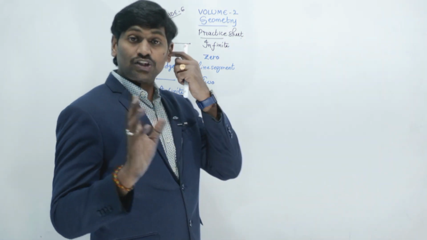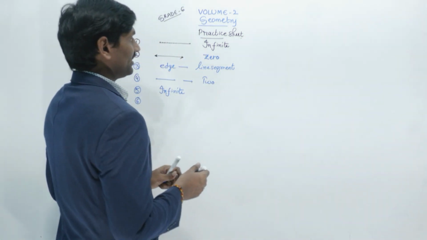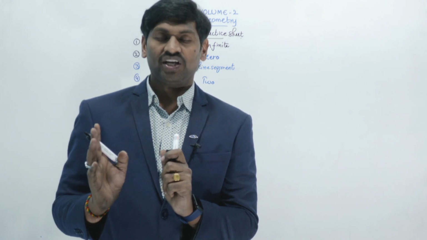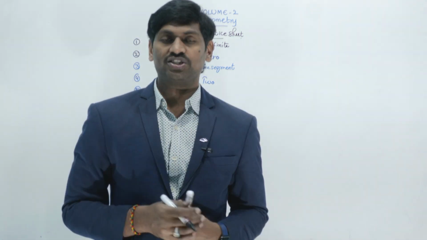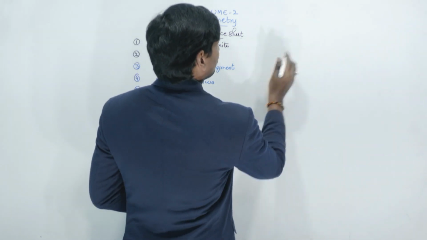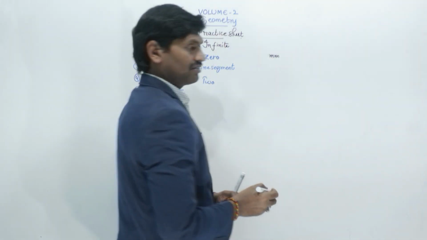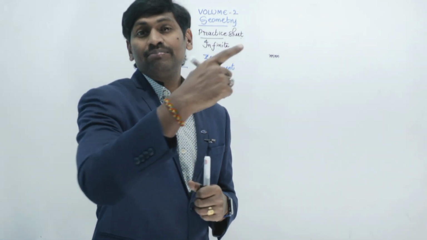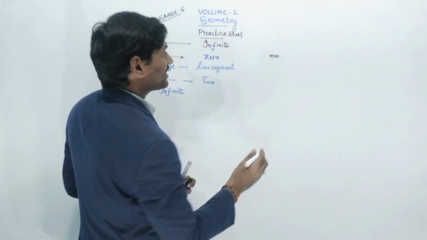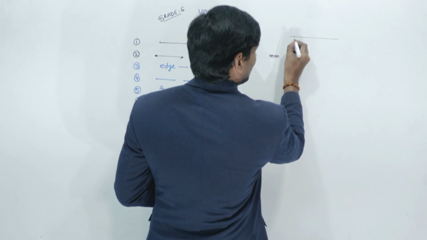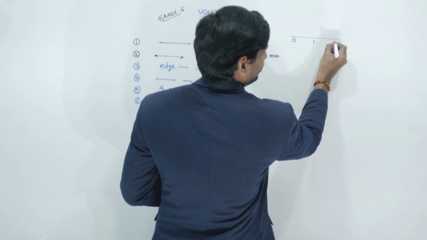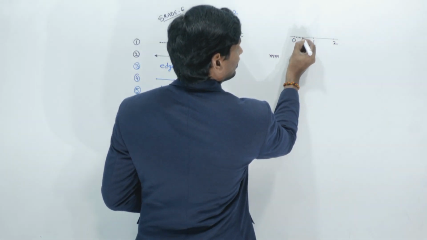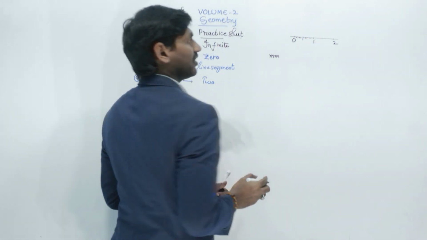The main unit of measurement is the meter, because we express everything in terms of meters. Among them, the smallest measurement is the millimeter. While observing a ruler or scale, centimeters are given, like 0 to 1, 1 to 2, 2 to 3, and there are lines in between.